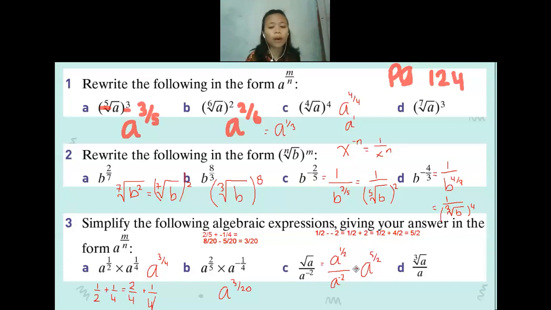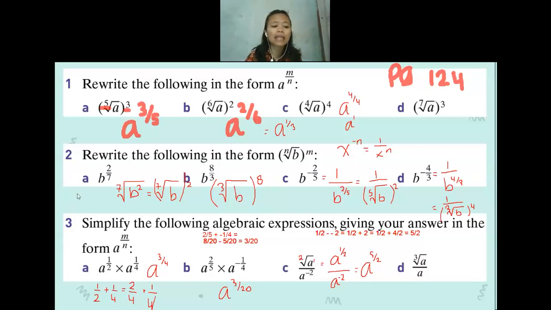You have a to the power of 1 per n. It will be equal to the nth root of a. Now if I have square root of a, it is a square root, so it means there is a number 2, but the number 2 we can ignore. If at that number there is no power, we can always make it into power 1.